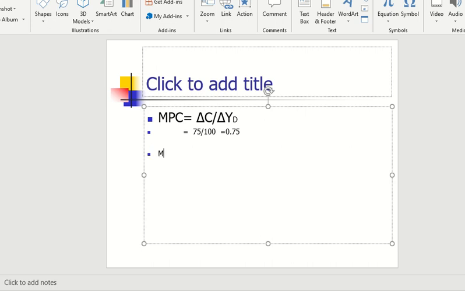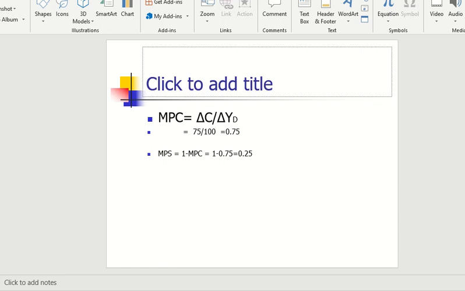If you want to find marginal propensity to save, then you can make use of the relationship between these two variables. So 1 minus MPC is equal to marginal propensity to save. So that will give us 0.25. Marginal propensity to save in this case is 0.25.